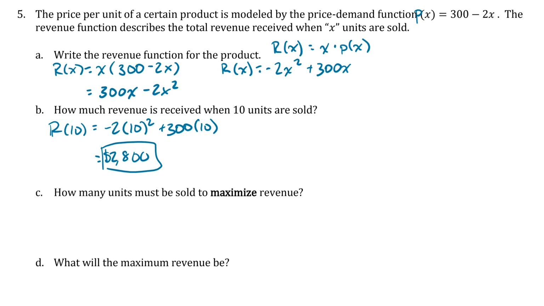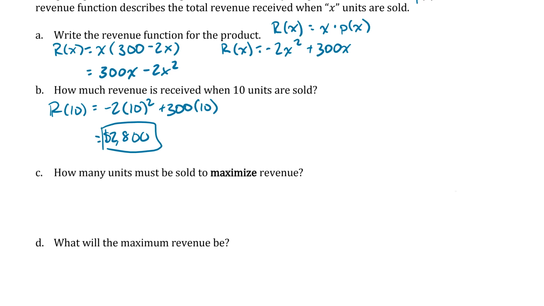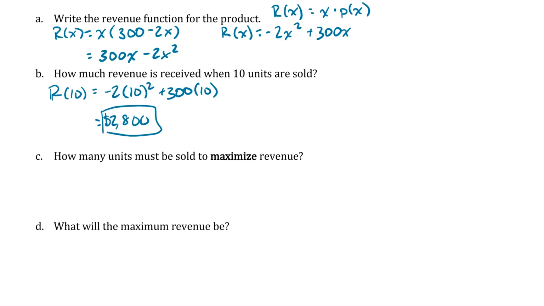All right, part C, how many units must be sold to maximize revenue? All right, so again, just remember negative b over 2a. This is what we use to maximize things. So for our revenue function, a is negative 2 and b is 300.